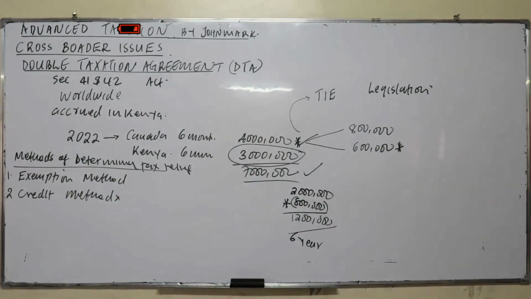So now let's write. Number one, we're looking at the methods of determining tax relief. Number one is the exemption method.